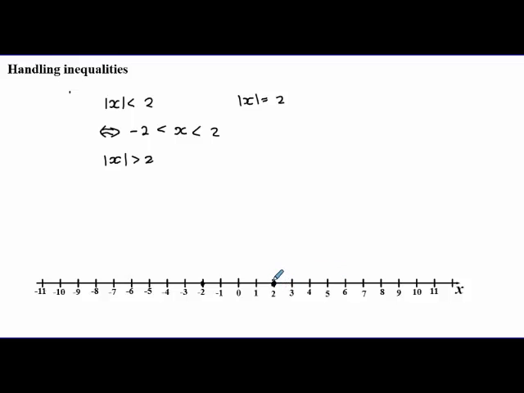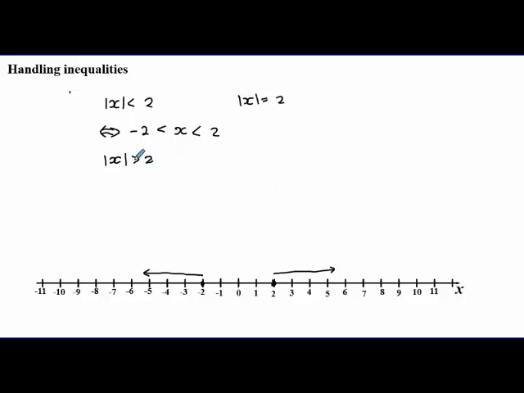Then we'll be talking about numbers in this region. But those are not the only numbers which are at a distance greater than 2 from 0. We know that minus 2 is at distance 2, so minus 3 will be at a distance greater than 2. So again, we're talking about numbers in that region there. That's what we should understand.